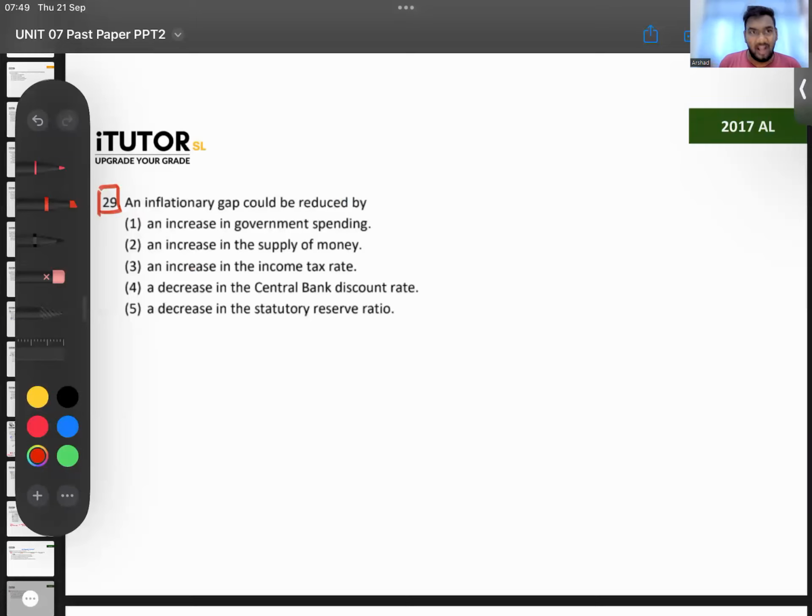How can you reduce the aggregate demand or how can you reduce inflation? Why is there inflation? There would have been inflation because aggregate demand is greater than the aggregate supply. Or in other words, maybe the planned expenditure is greater than the planned output. That's why there is inflation.